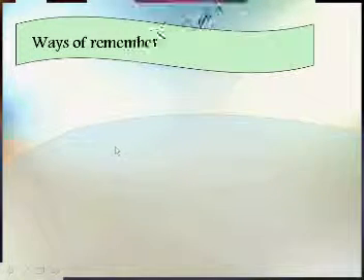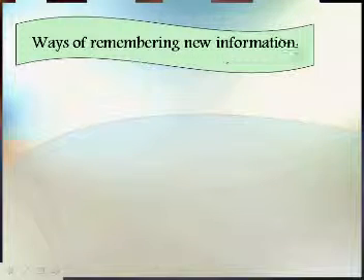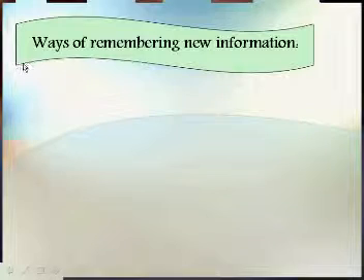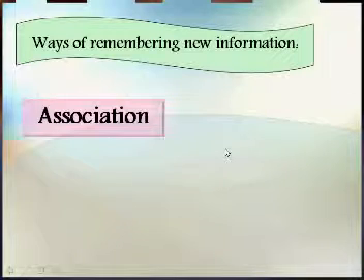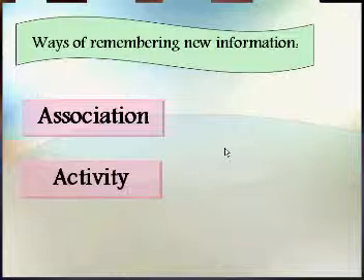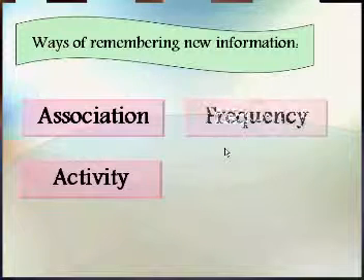Another idea is to find the ways of remembering new information, and these you know from last time. Try to find the ways of remembering new information. You can put a title like this and try to get the words under that. Very good. Association is one of them. Next, activity.